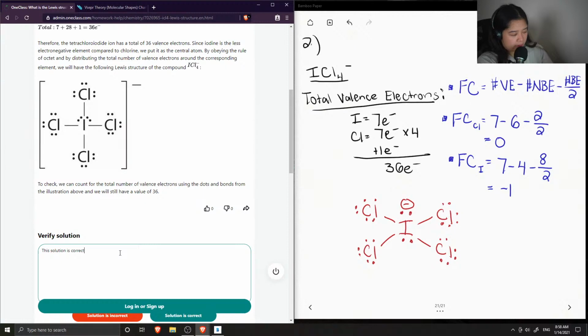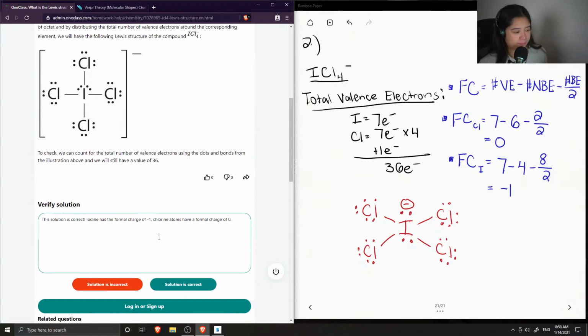And then I'm just going to specify that iodine has the formal charge of -1, and chlorine atoms have a formal charge of 0, just so that we can know where the -1 charge came from.